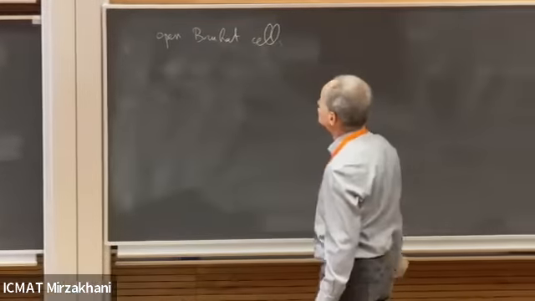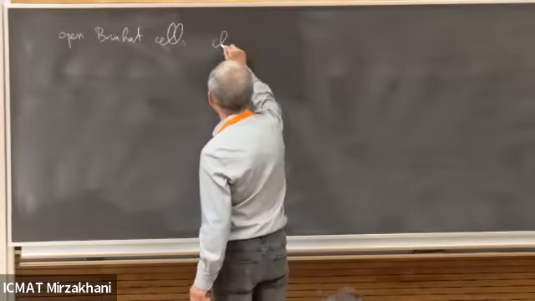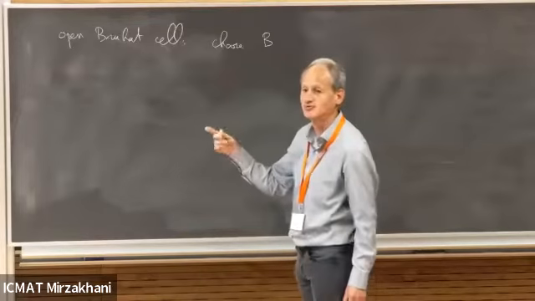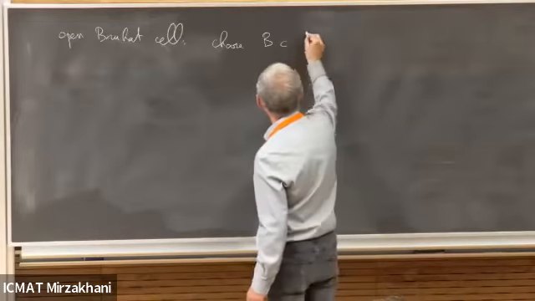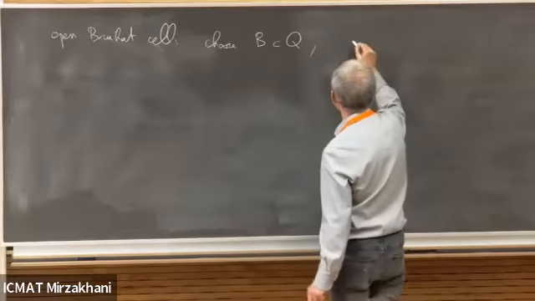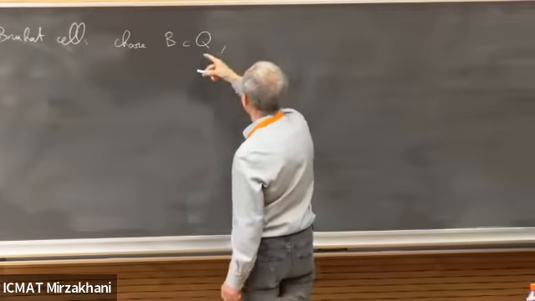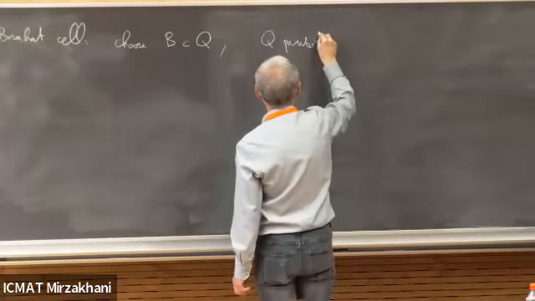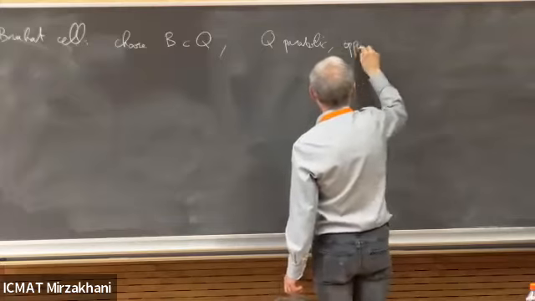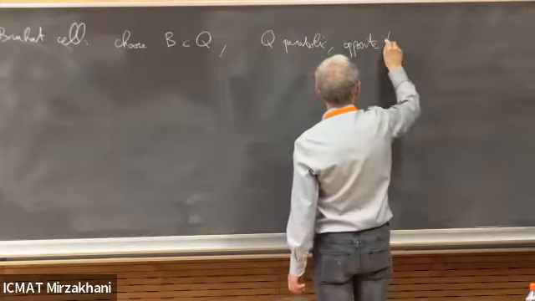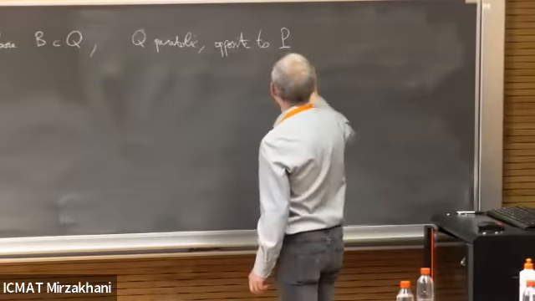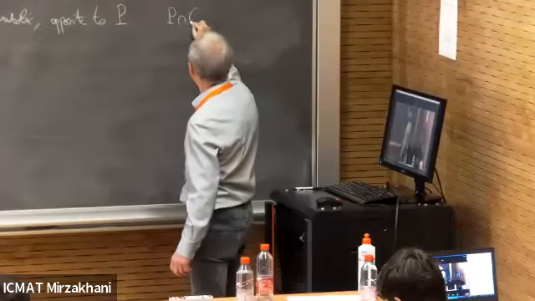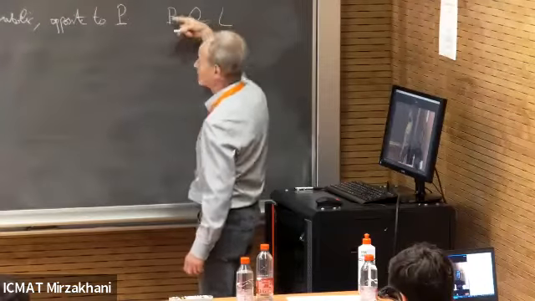Well, to describe it, you choose a Borel of a parabolic which is kind of opposite to P, and the precise meaning is this. You take a Borel of an opposite parabolic Q. This means that the intersection of both is a Levi subgroup of both.